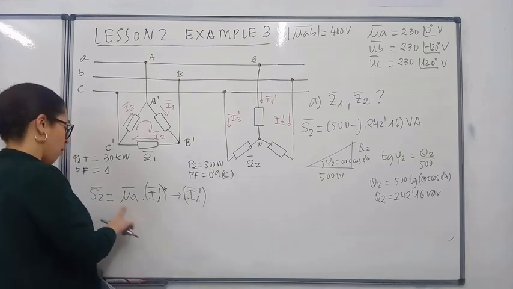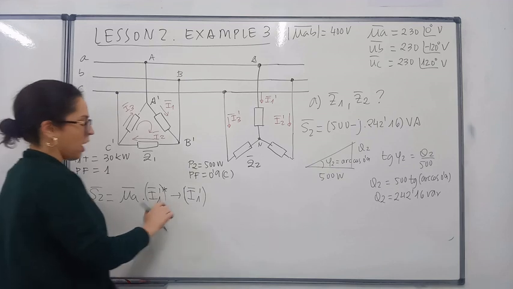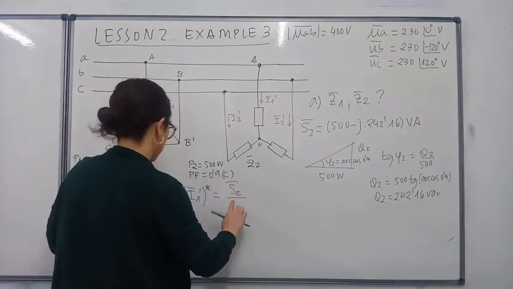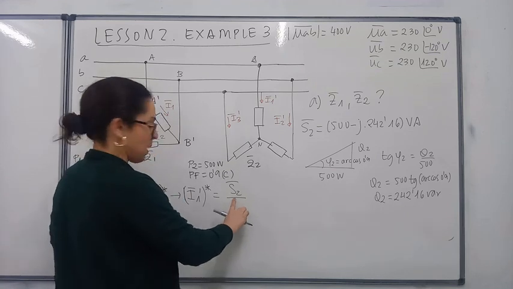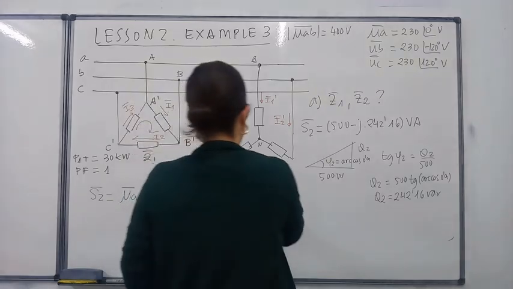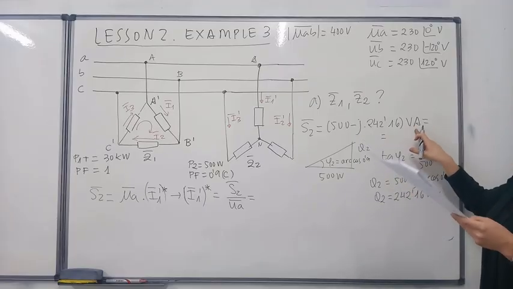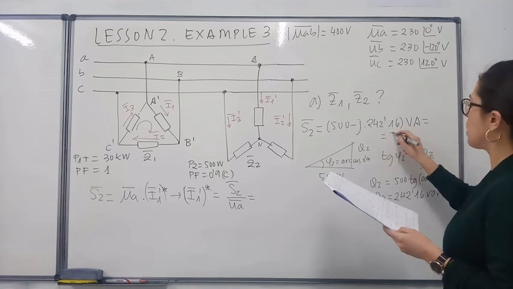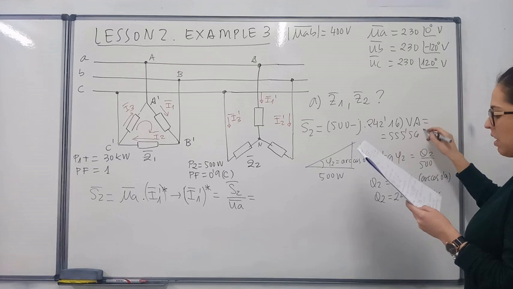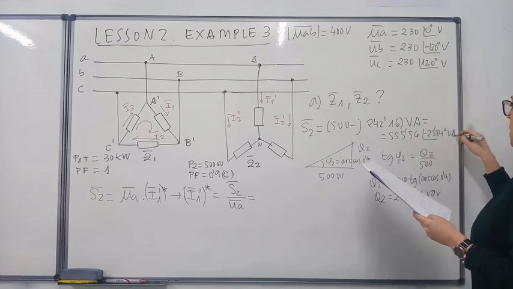As we already know the voltage and the power, we can get the value of the conjugate of I1 prime, which would be the complex power divided by the phase voltage. This complex power can be expressed in polar notation as 555.56∠-25.84° volt-amps.